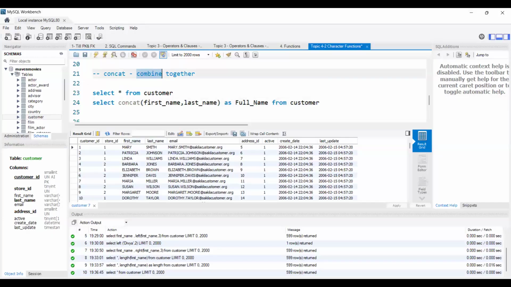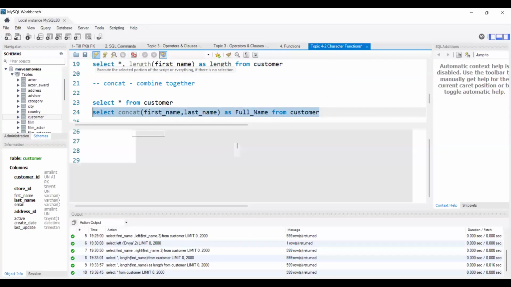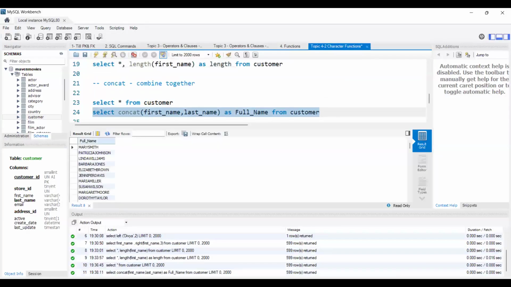Now I'm combining first name and last name and giving the column name as full name. Let's see the output. See, this is my full name. But if you observe, Mary Smith is the full name, but I didn't get any space between first name and last name. All the letters are combined together.